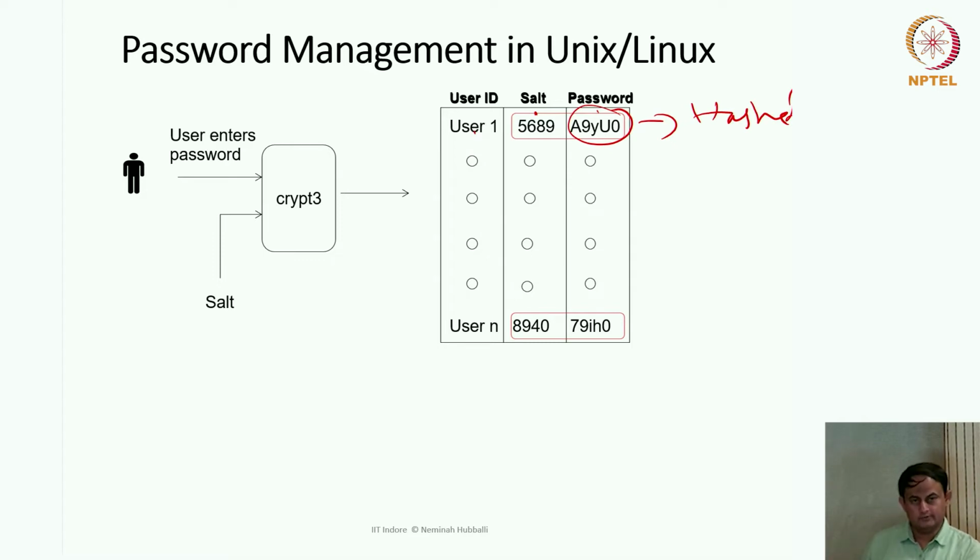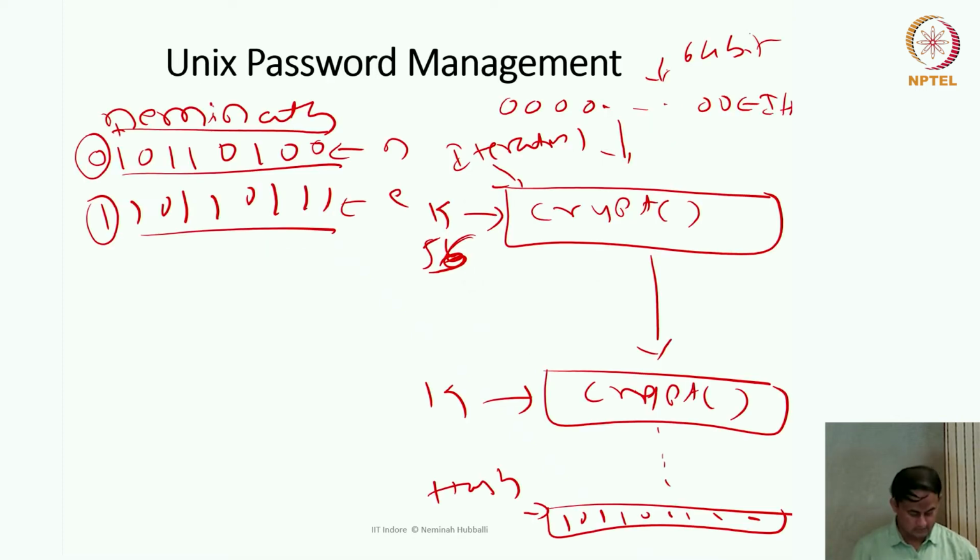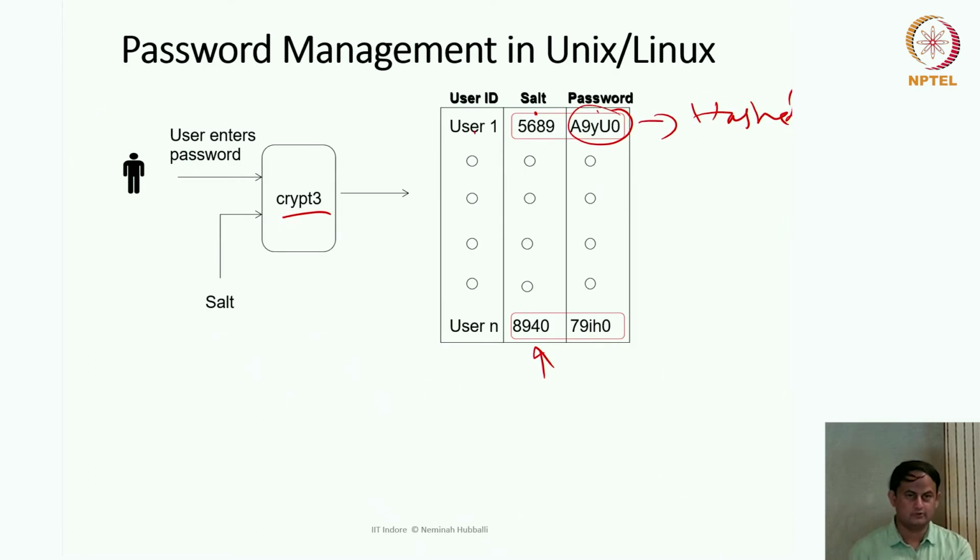So how does the verification happen? When a user tries to log in, you take the input password and go to this file, check what the plain text salt value is, take that salt value and the user password together, and give them as input to this function. Crypt 3 is an advanced, later version of the crypt function that we were seeing here. There were different versions: the original was crypt, then version 1 and 2, and then 3.